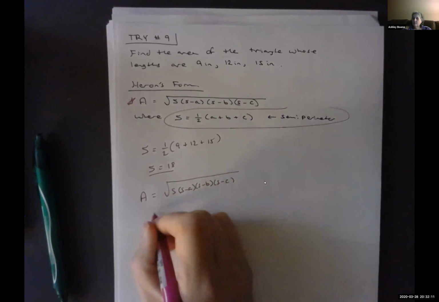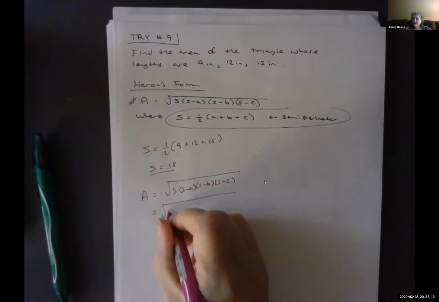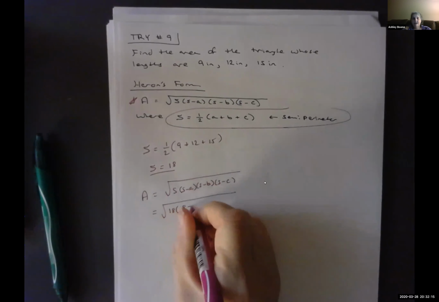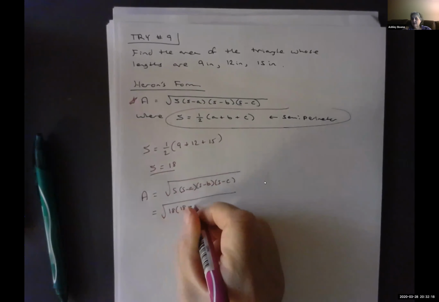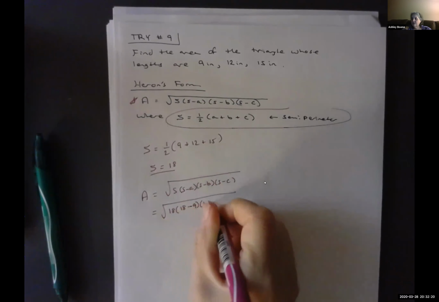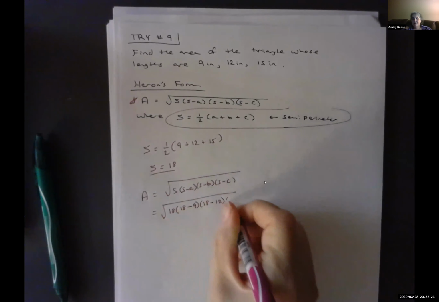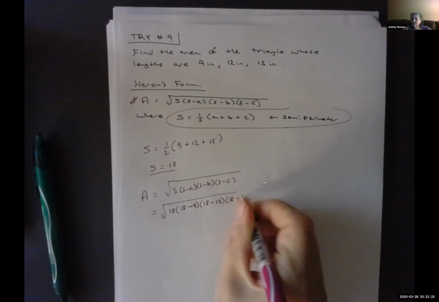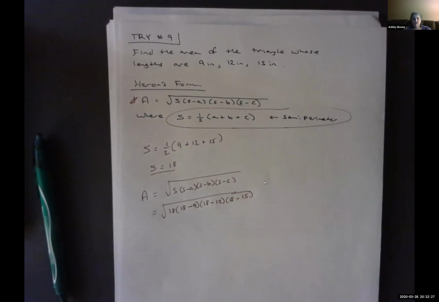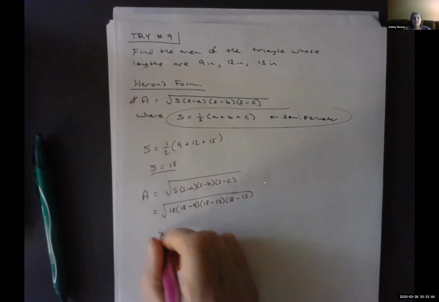So for this problem, s is 18. So we have 18 minus A. A for this problem was 9. 18 minus B. B for this problem was 12. And 18 minus C. C for this problem was 15. So we have the square root of 18 times 18 minus 9, or 9, times 18 minus 12, or 6, times 18 minus 15, or 3, and we get 54.